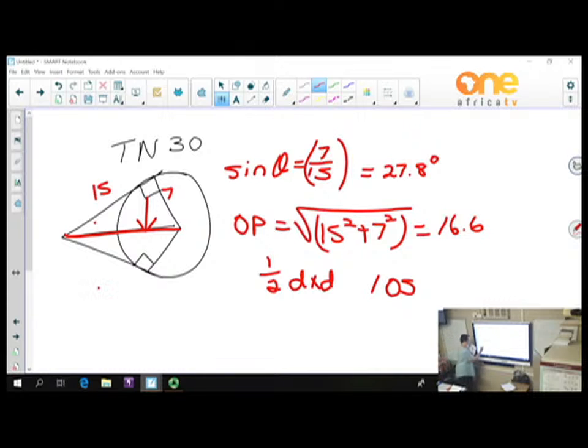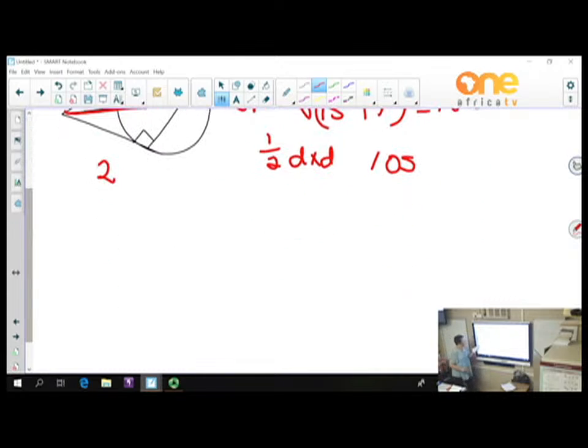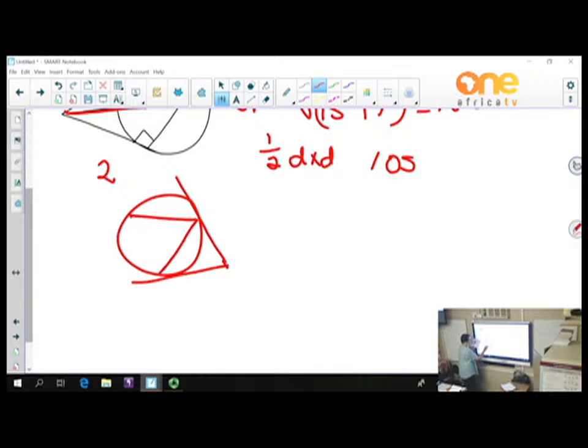Okay, question 2. There we have another circle. It's again about the tangent. There are the two tangents coming to that triangle there. Given that PA and PB are tangents to the circle, find X and Y. So we know this one is 70 degrees.